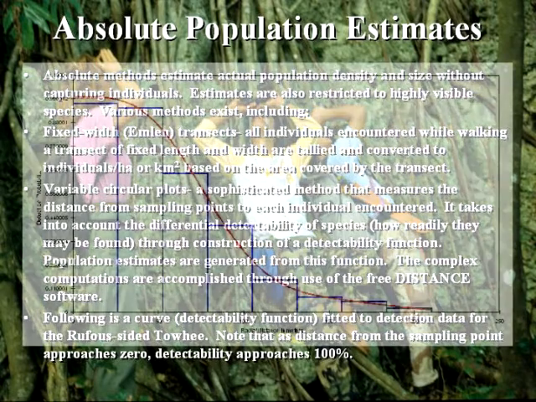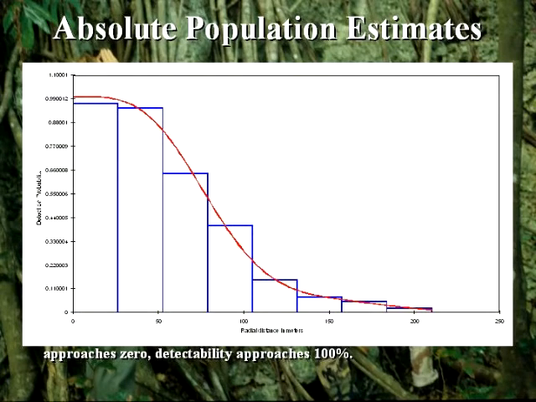Let's look at an example of a detectability function, and that will help to clarify what I'm getting at here. This particular one is for the rufous-sided towhee. So what we see here is that when an individual bird is right near the survey point, its probability of detection is approximately equal to 100%.